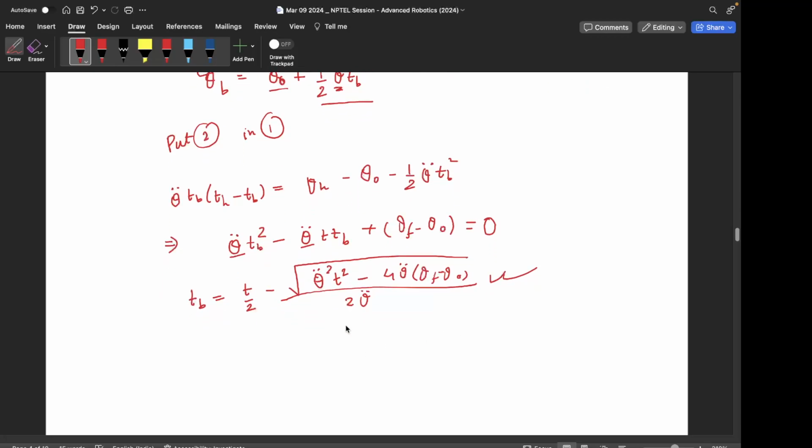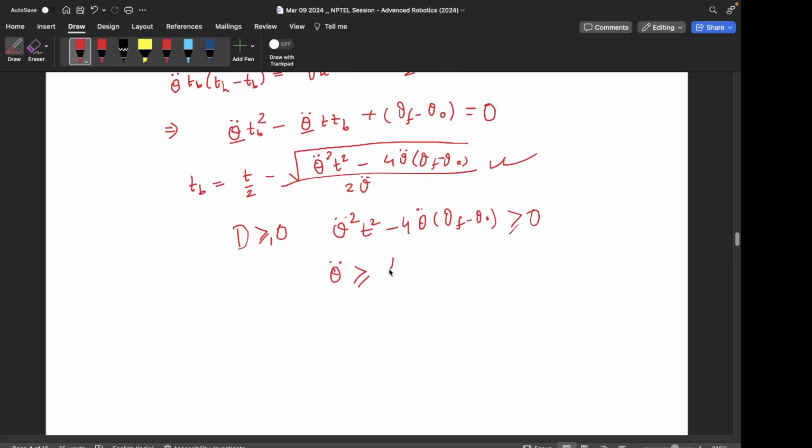And the discriminant should be greater than or equal to 0, right, for real solutions, and of course we only need real solutions. So this gives us a constraint on the acceleration, that the acceleration should be at least greater than this, right?